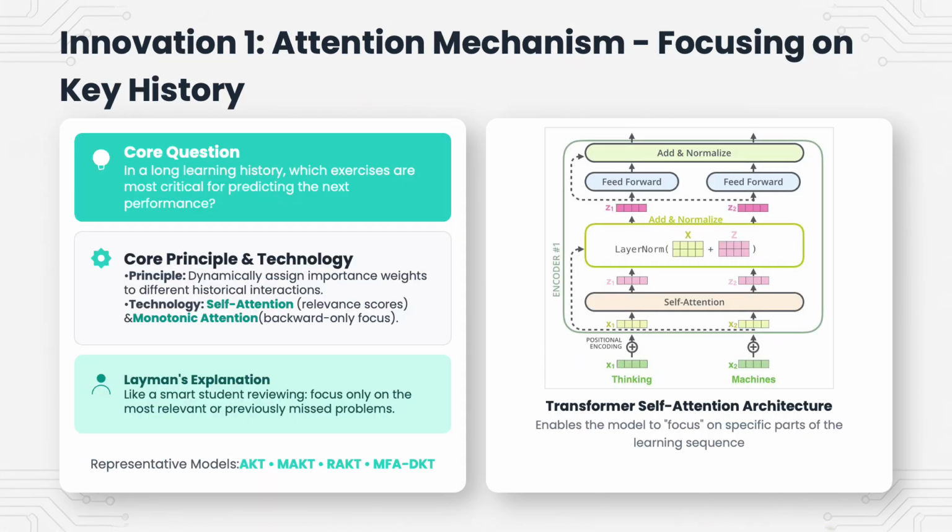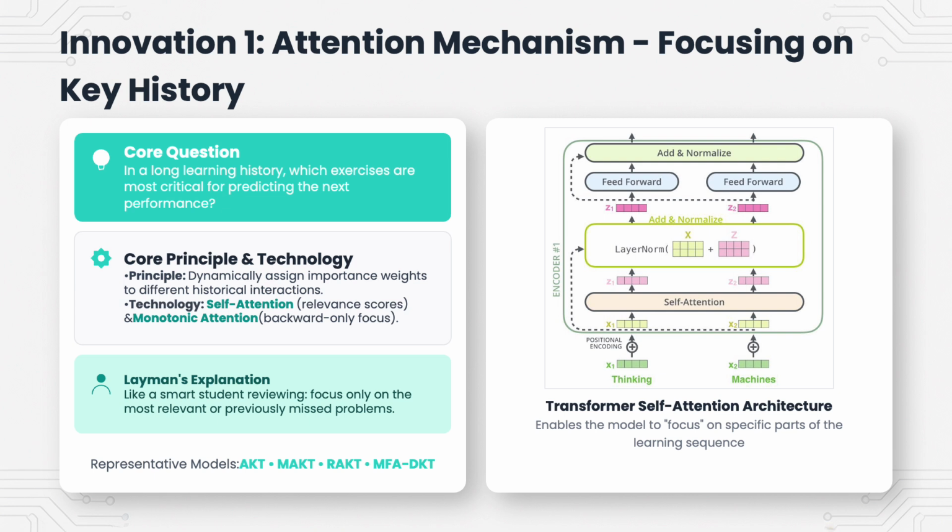Our first stop is the attention mechanism. The core question here is, among a student's entire history, which past actions are most critical for predicting their next performance? Think of it like a smart student reviewing for a test. They don't go over every single problem equally.